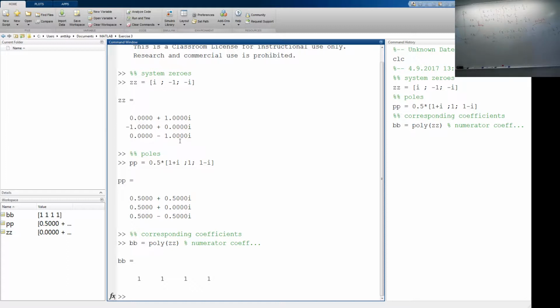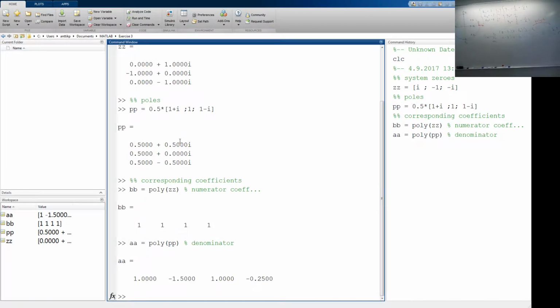So numerator coefficients, or the multipliers of the input term, and then the denominator coefficients A equals polynomial of P. There. That's nice. Easy to remember numbers, and as you can see they are all real numbers because I selected complex conjugate pair. Good. So A and B are there.